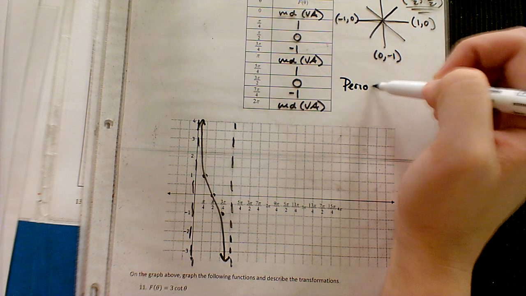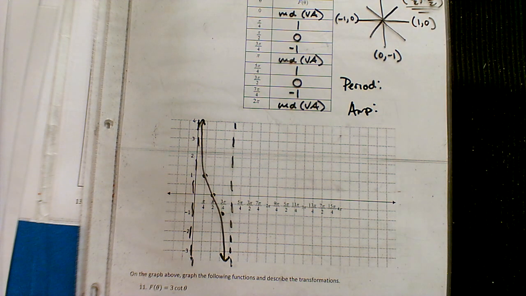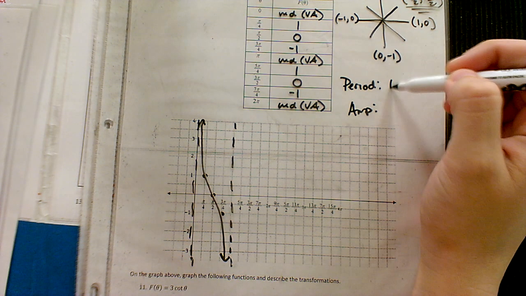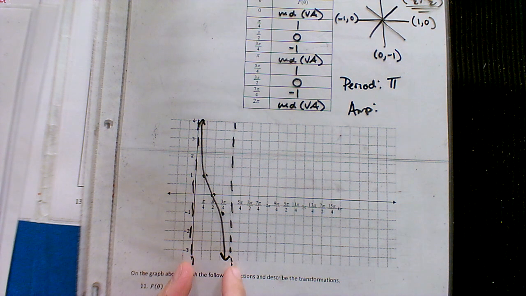All right, let's go ahead and talk about period and amplitude of this original cotangent graph. What do you think, Marie? Just pi. Good. So that's how wide a period is, the width, or the length, whatever word you want to use. What about amplitude?